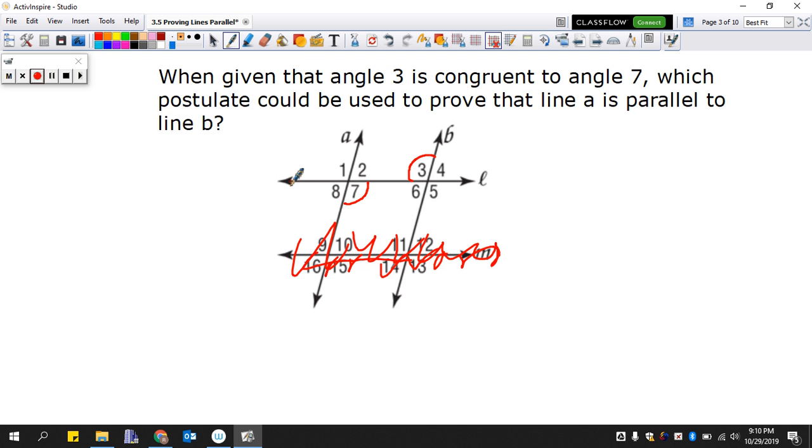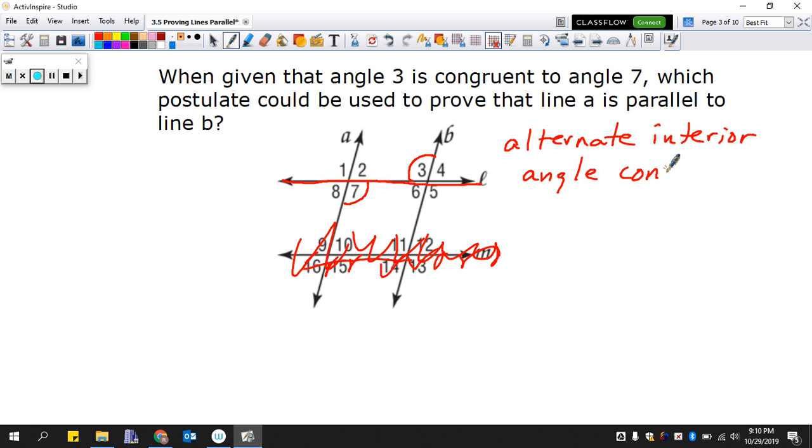And so this line L is the transversal. It says that angle 3 is congruent to angle 7. So what's the relationship between 3 and 7? They're alternate interior angles, so it's the alternate interior angle converse.